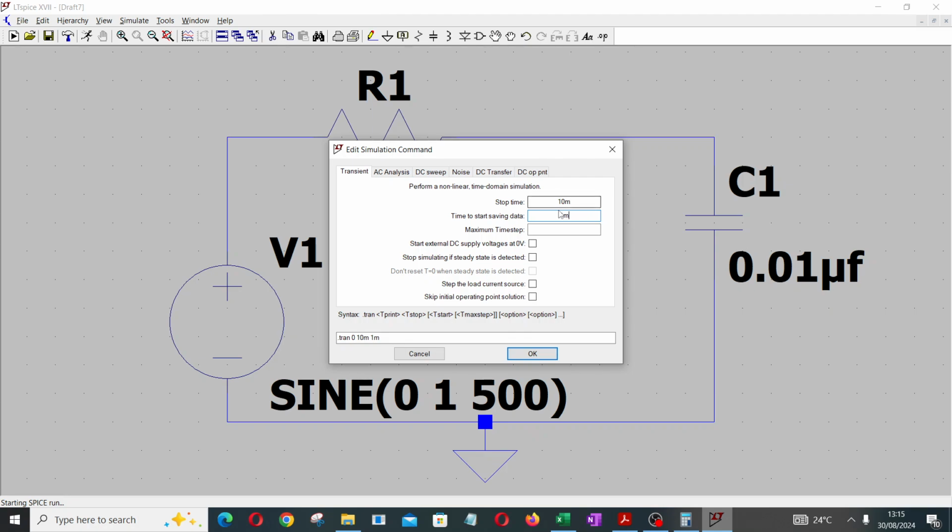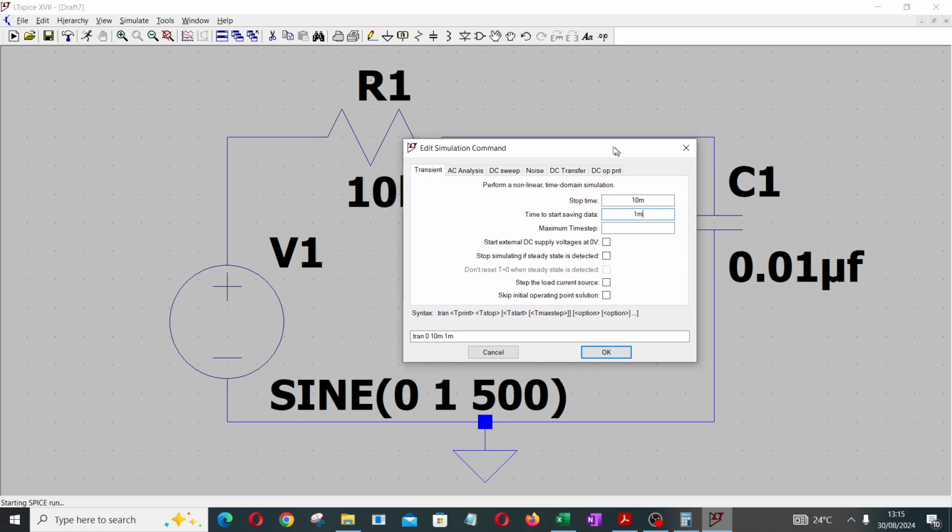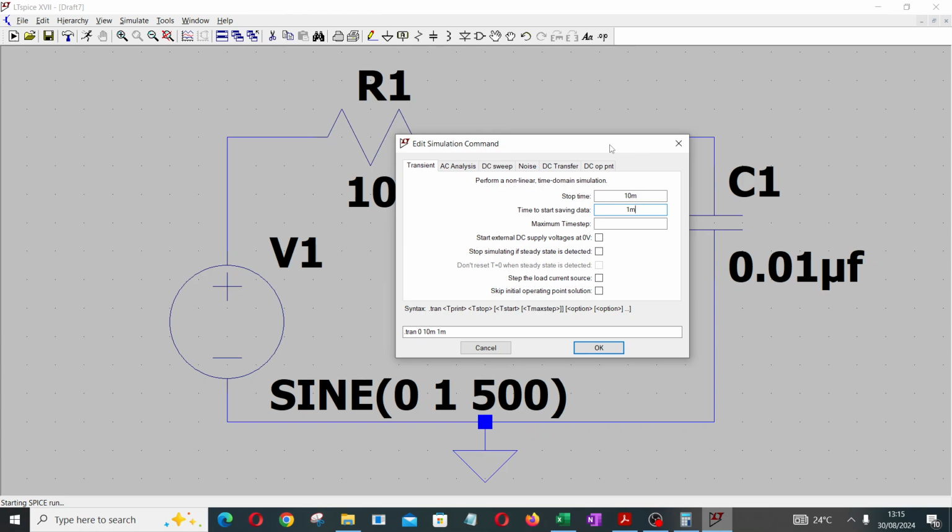Now, to choose this value is not difficult. It's not rocket science. What you consider is, number one, the frequency you have set. If the frequency is 500 Hz, then period is 1 over frequency, and frequency is 1 over period.